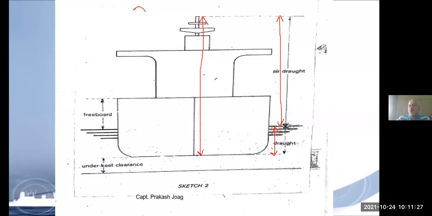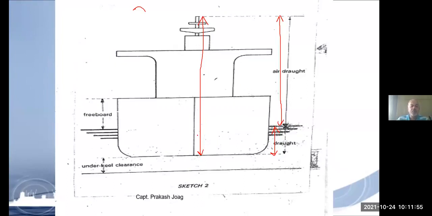You cannot measure it directly, but with the dimensions available to you, you can calculate. One quantity you have to know: either draft, or the total height of the ship, which is given by the builder. Once you know the draft, you can calculate air draft the reverse way.